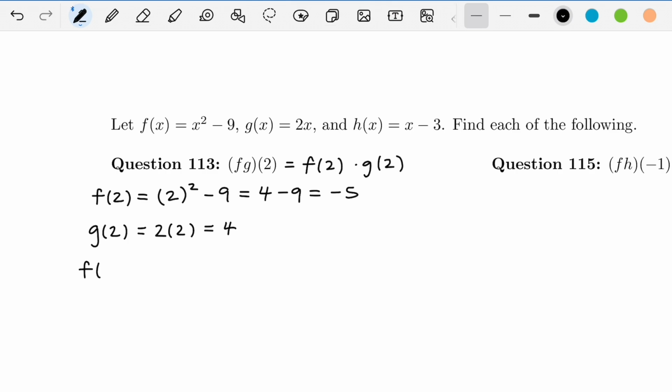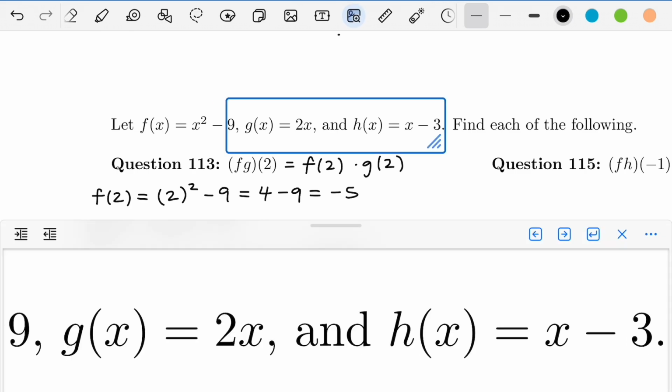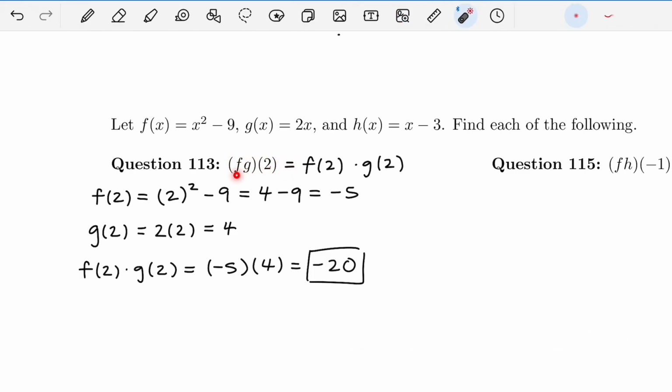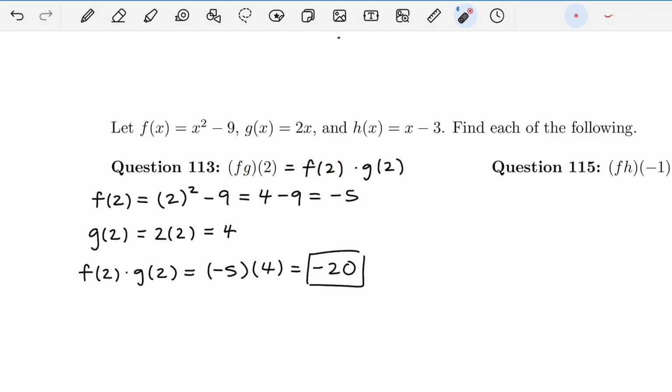So from here, f of 2 times g of 2 is going to be negative 5 times 4, which is going to give us negative 20 here. So this is one way that we can determine this value here by first finding these function values and then multiplying them.